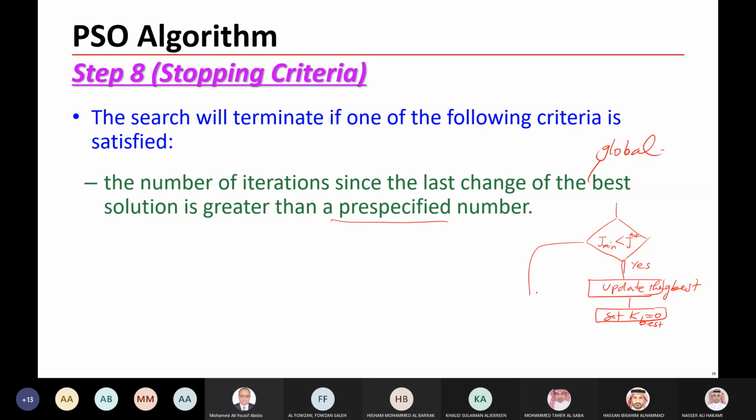Else, you have K best equal to K best plus 1.